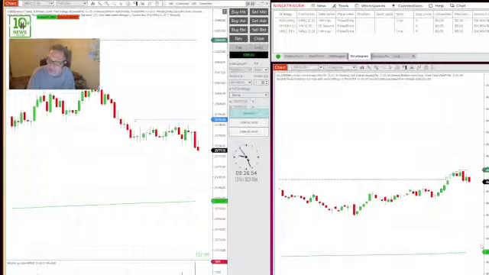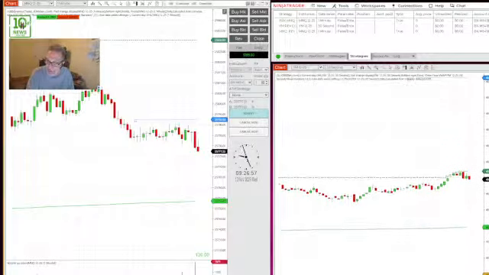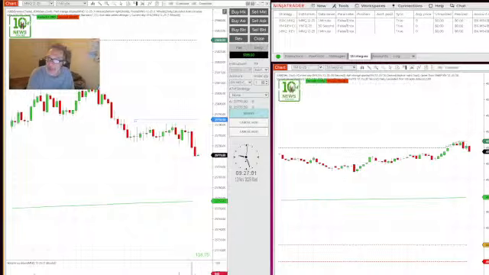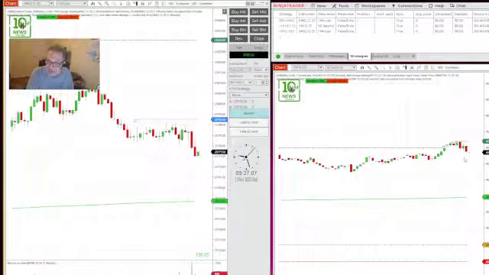So you can play for the VWAP magnet if you wanted to, or you could just watch the YM and see if we get that reversal signal.